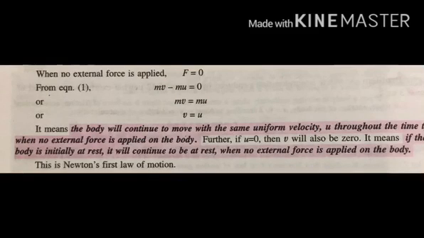When no external force is applied, F = 0. From equation 1, mv - mu = 0, or mv = mu, or v = u. It means that the body will continue to move with the same uniform velocity u throughout the time t when no external force is applied on the body.